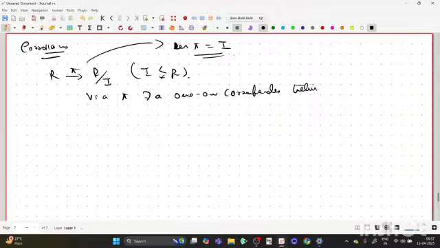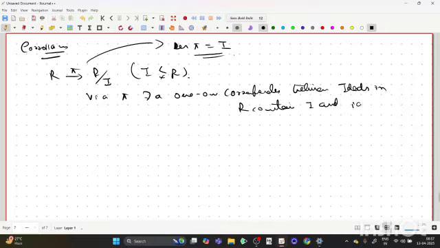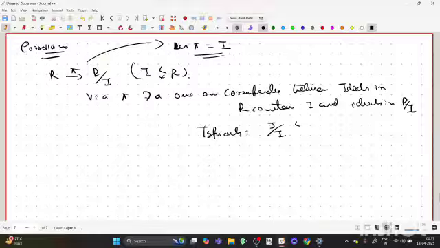Okay, so a one-one correspondence between ideals in R containing I and ideals in R mod I. In other words, J mod I is an ideal of R mod I if and only if J is an ideal of R containing I. Yep, got it. Fine.